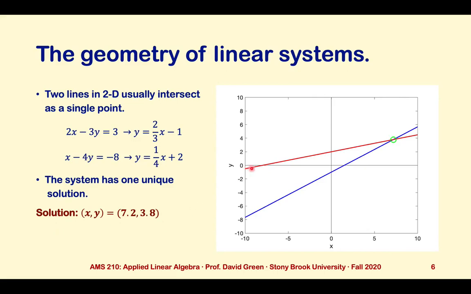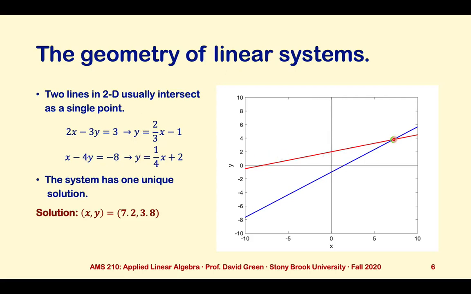Every point along this red line is a pair of xy points that is consistent with this second equation. Every point along this blue line is a pair of xy points that is consistent with the first equation. As a system, a solution has to satisfy both equations at the same time.